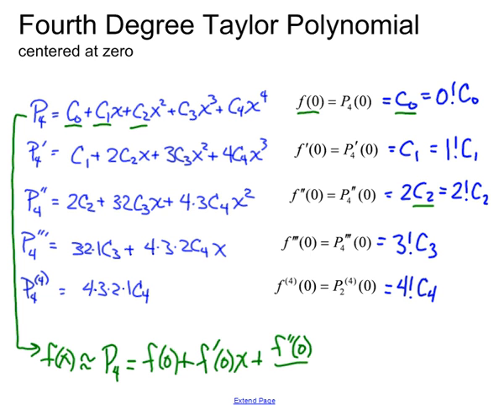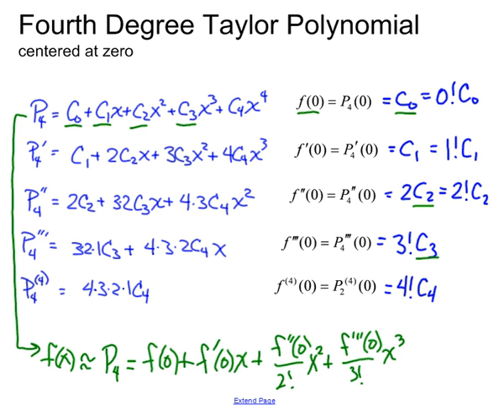And I'm going to divide this by 2 factorial, plus. For c sub 3, we can see that to solve for c sub 3, we need to divide by 3 factorial. So f triple prime at 0 over 3 factorial x cubed. I just noticed that I was missing x squared over here, so we'll get that fixed up here. x squared.